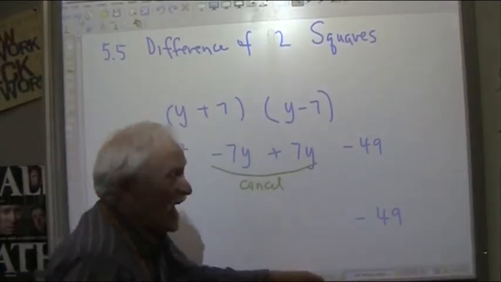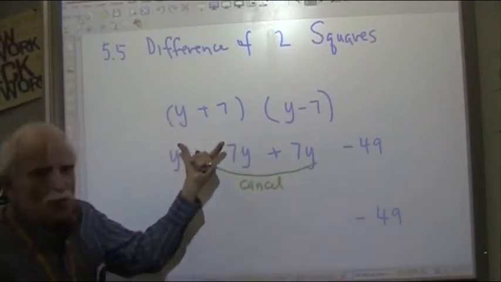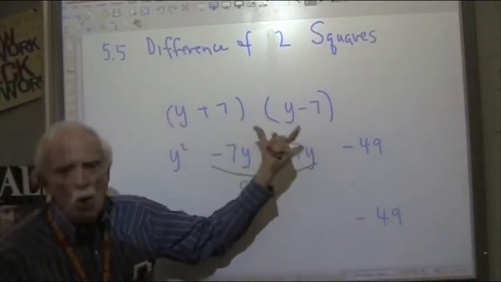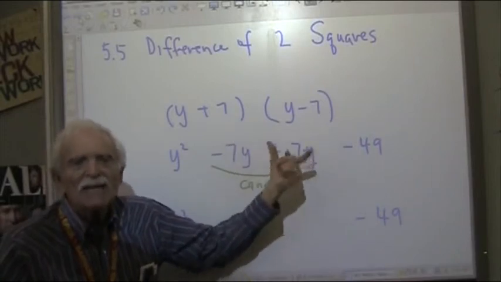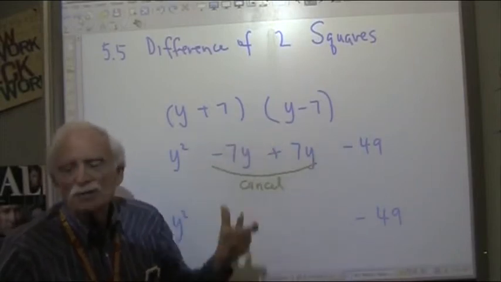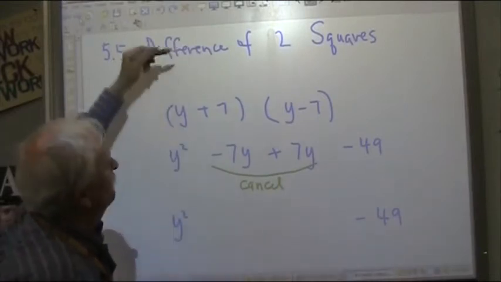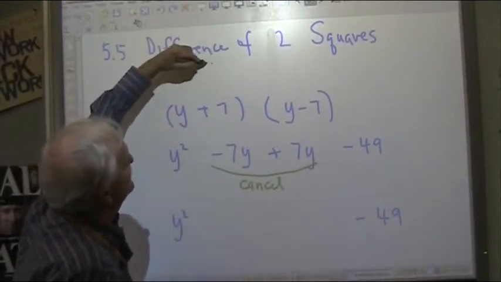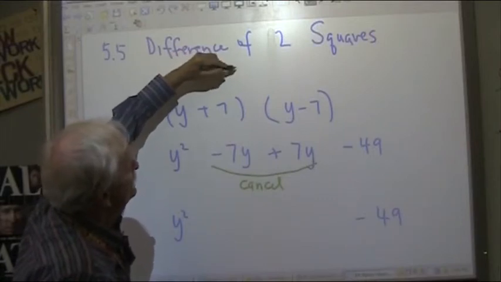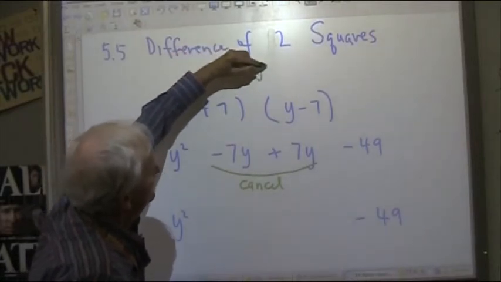When you have two binomials where the only difference between them is the sign between the two terms, they are called conjugates.